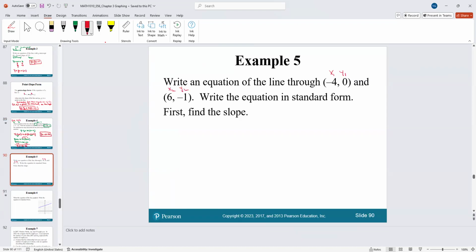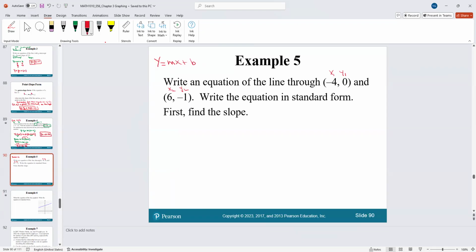Anytime we have two points, at the end the equation of the line in slope-intercept form is mx plus b. First of all, we must find the slope, okay?